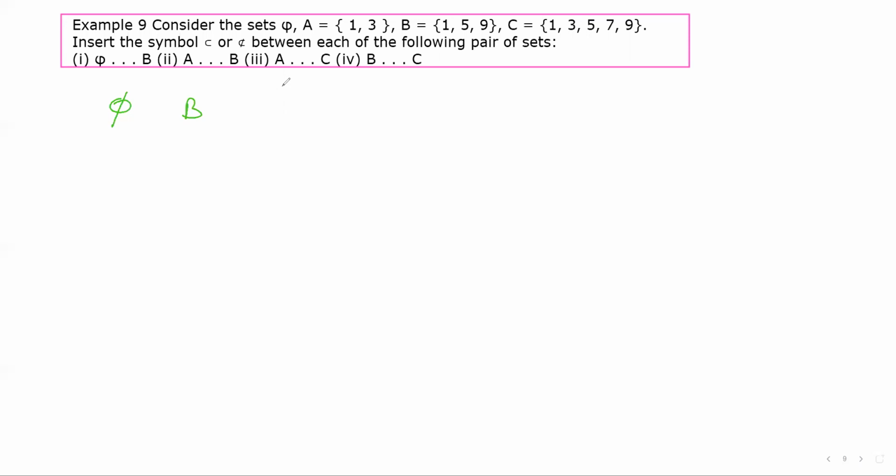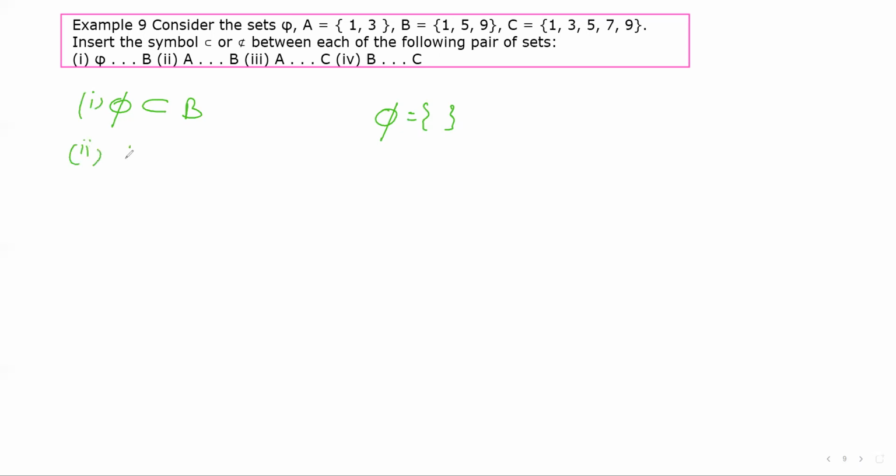You place the subset symbol only when the elements on the left-hand side are present in the right-hand side. Phi, as we know, is a null set. So phi does not have any element. If there is no element, there's no element to compare this phi with B. Also, there's a general definition that phi is a subset of all sets. So here the answer is subset.